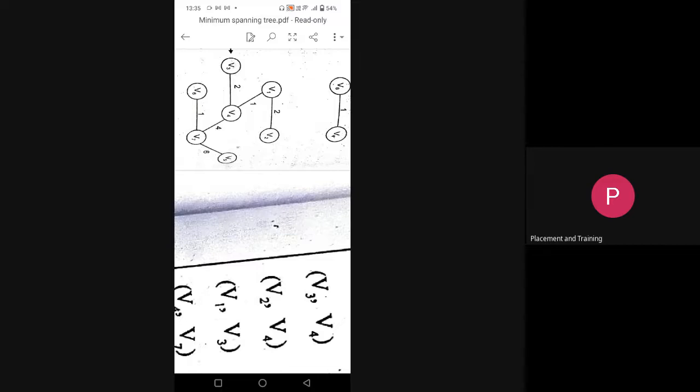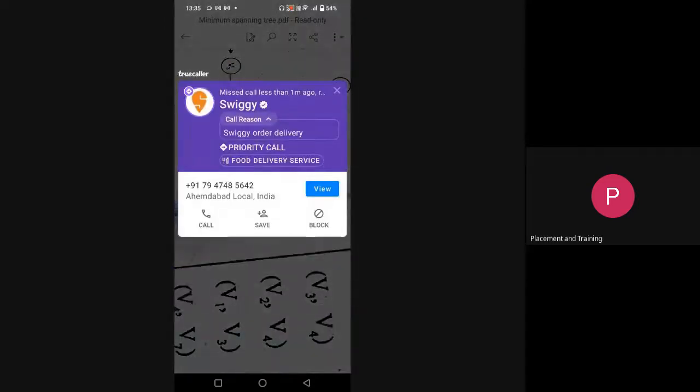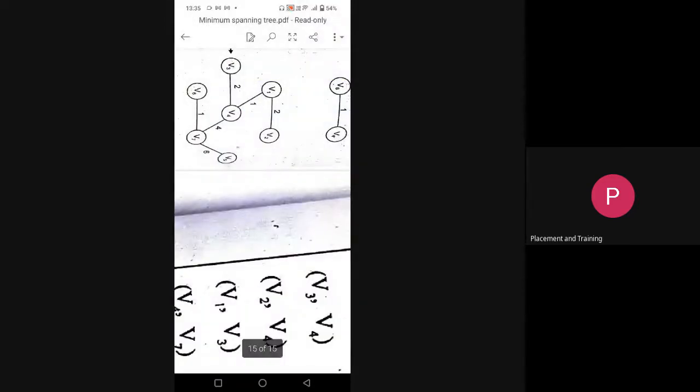In my case, the minimum distance was 1, so I first made the connection from V1 to V4. Then I find the next minimal value and ensure I create the minimum spanning tree. And my total distance is going to be 16.